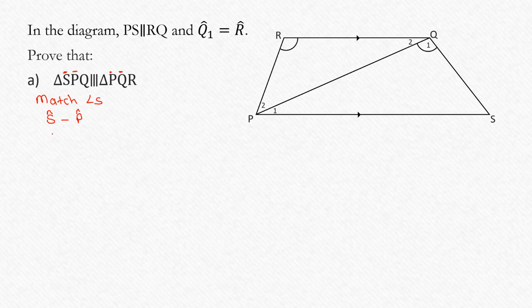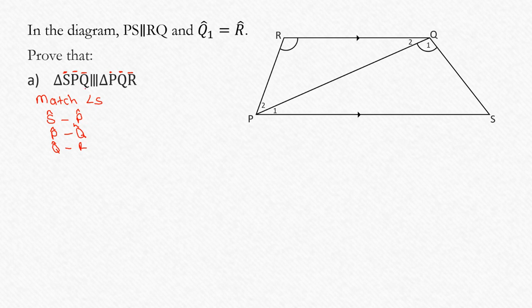And then angle Q in triangle SPQ goes with angle R. We can even try to identify the angles here.